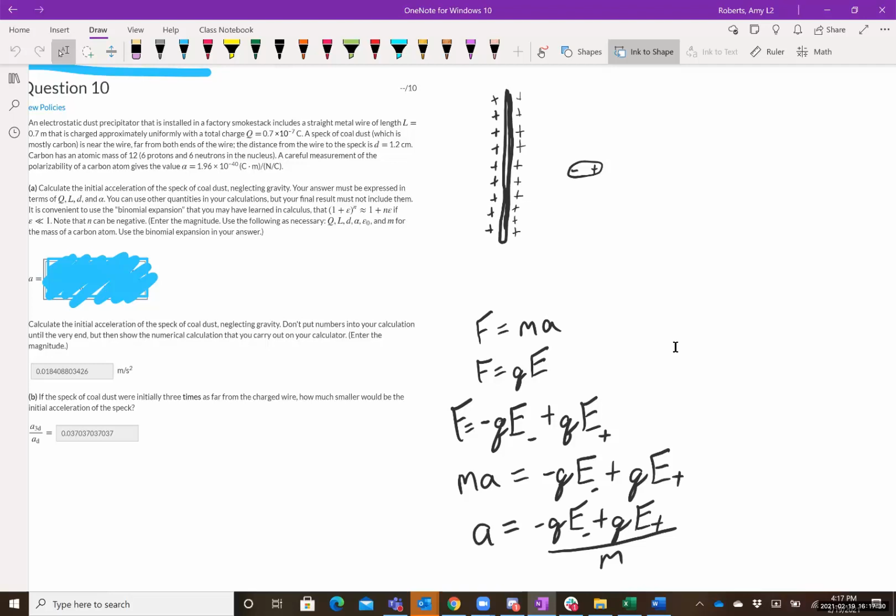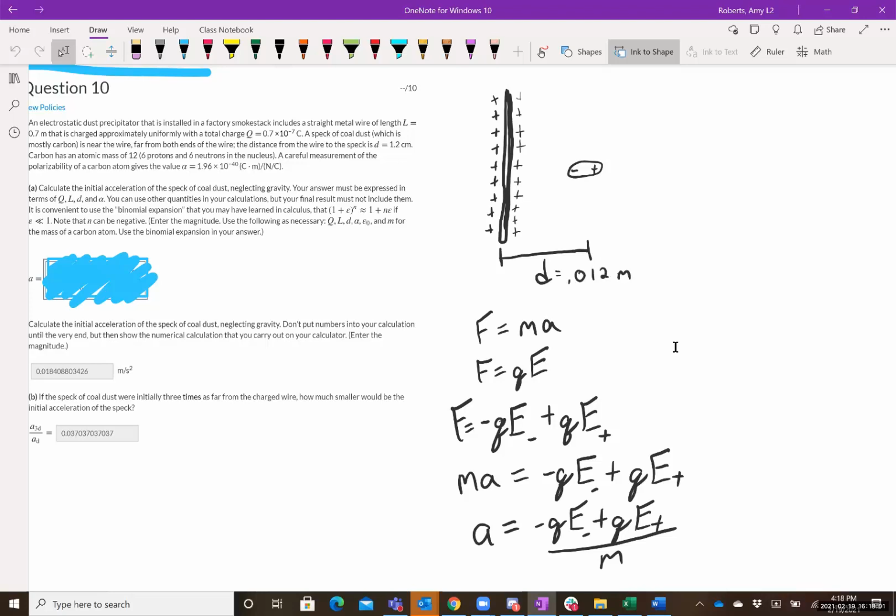So we know the distance from the wire to, I believe when I asked you the other day, we said that measurement was to the center. You can assume it's to the center of the. Yeah, that's what I was suggesting. Yeah. That is D. So it's 0.012 meters.